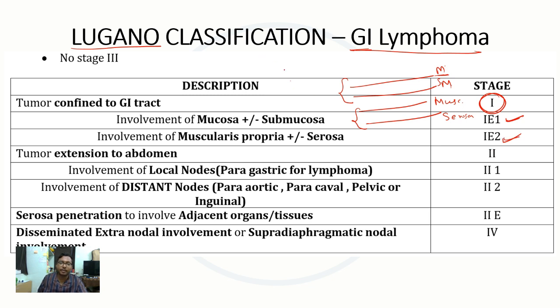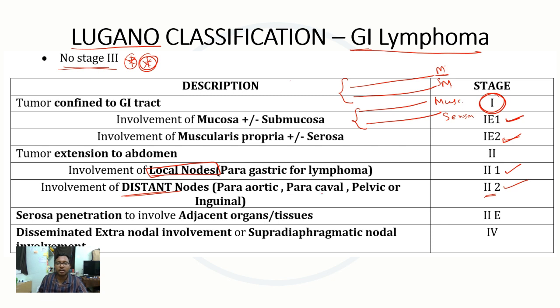Then, if it is not confined to the GI tract and has extended into the abdomen, where if it is involving only the local nodes, that is your stage 2-1. Then if it goes to distant nodes, that is your stage 2-2. Please remember there is no stage 3 for Lugano classification here.